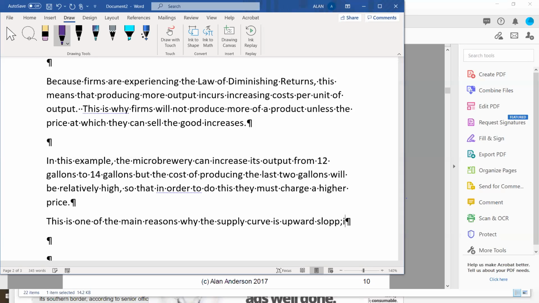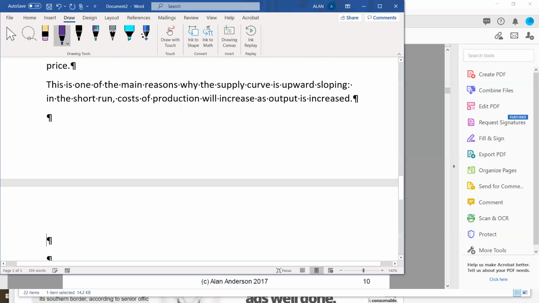The bottom line is, at least in the short run, cost of production will increase as output is increased. That's really kind of the bottom line. It takes more and more. We have to pay, in a sense, more and more for each gallon.